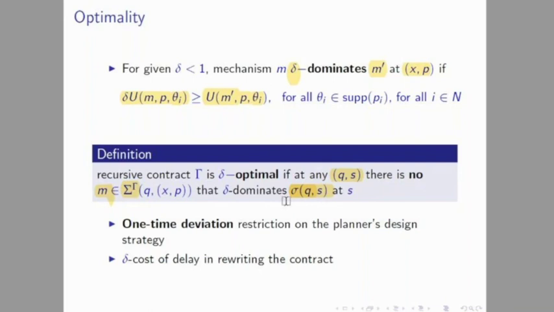In other words, the contractual mechanism at every configuration cannot be delta-dominated by any mechanism that can be implemented without fear of renegotiation. You could think about this as a one-time deviation restriction on the contractual strategy. So the contract essentially is nothing but a one-time deviation restriction on design strategies after various histories of redesigns.